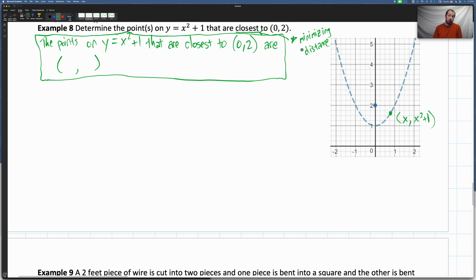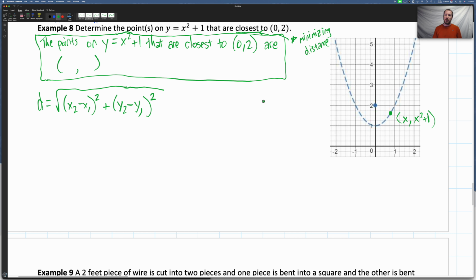For distance between two points, we have a formula. It's been a while since I've used this, but I think that's our distance formula: the square root of the difference of our x's squared plus the difference of our y's squared.